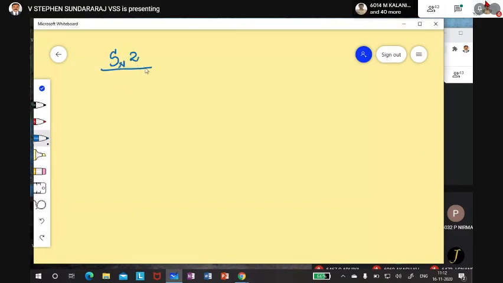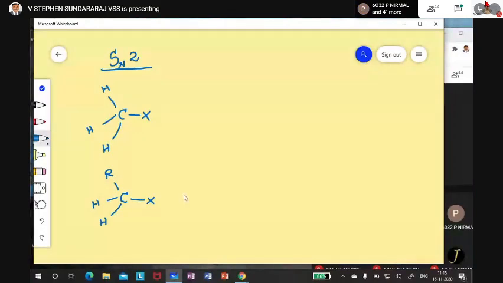In SN2, I'm taking one carbon with X, and one hydrogen, one hydrogen, one hydrogen. Tell me, are you deciding the reactivity towards SN1 and SN2 only based on the bulky group?